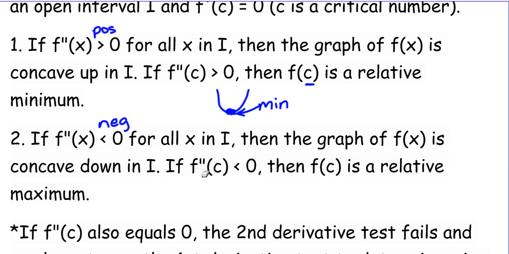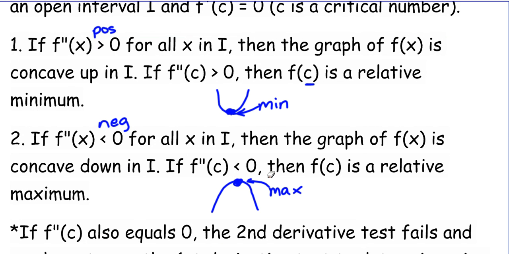If the second derivative is less than 0, if it is negative, and it is concave down, let's think about a concave down parabola. A concave down parabola has a maximum. Okay, so those parts are just a little counterintuitive.